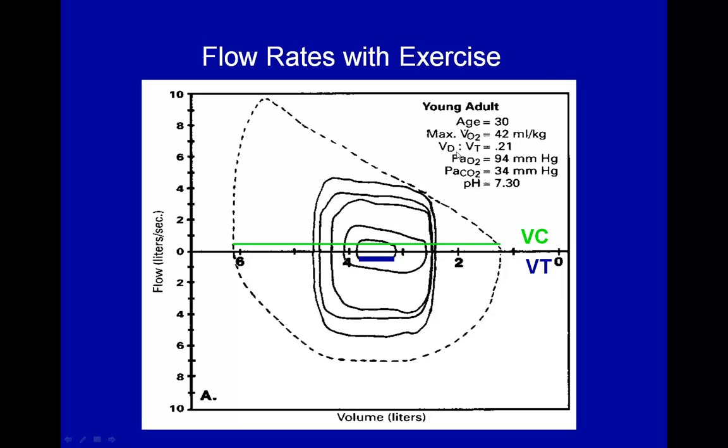Notice what happens with dead space to tidal volume ratio. And I want you to think about what we said was a normal range at rest. VD to VT ratio is only 21% in this guy during exercise.